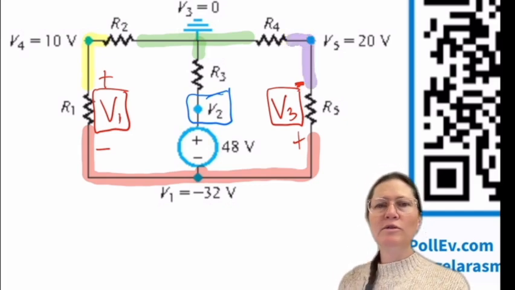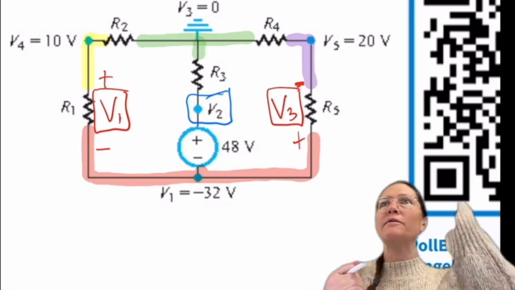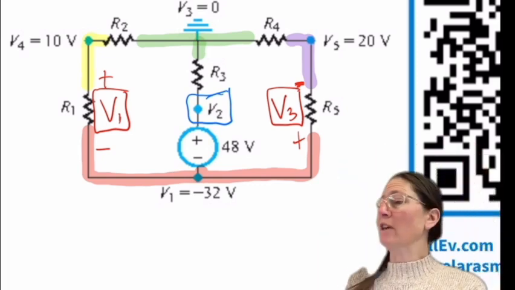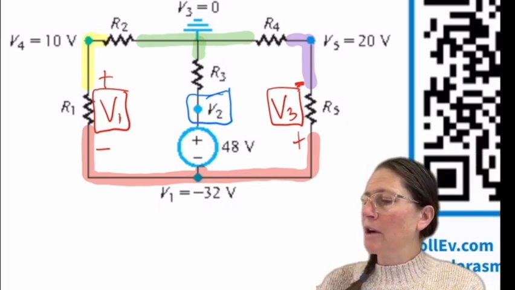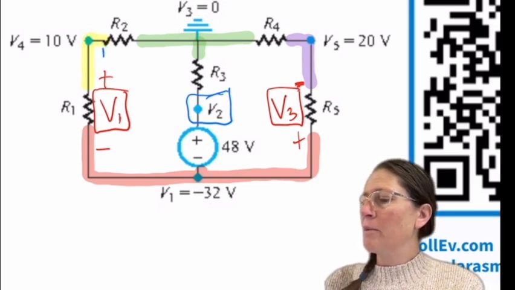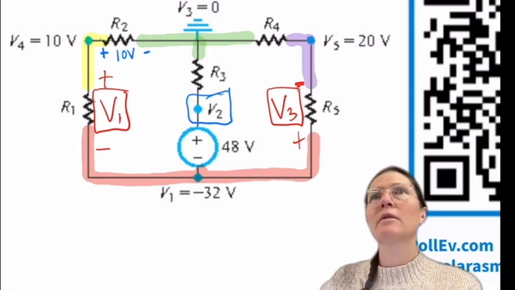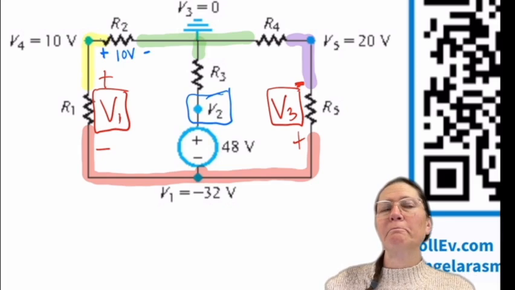Each of those nodes has the labeling of that voltage, which again means that from that point to ground is that value. From this point, which is part of the yellow wire, to the green wire is 10 volts. You guys see that? Okay.